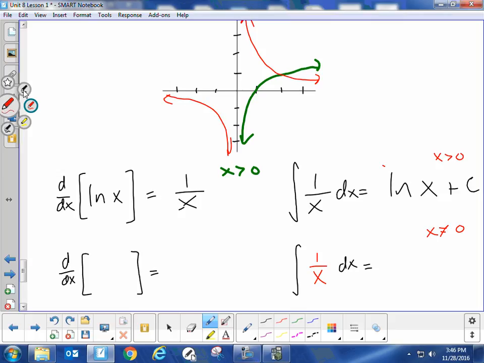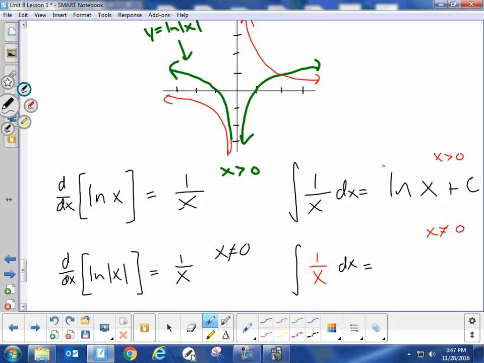Okay? And what ends up happening is that we need to take this log function and also flip it this way. And this graph is y equals the log of the absolute value of x. And it turns out the derivative of log absolute x is 1 over x, but for all x's except for 0, because you can't have the log of 0 or 1 over 0.